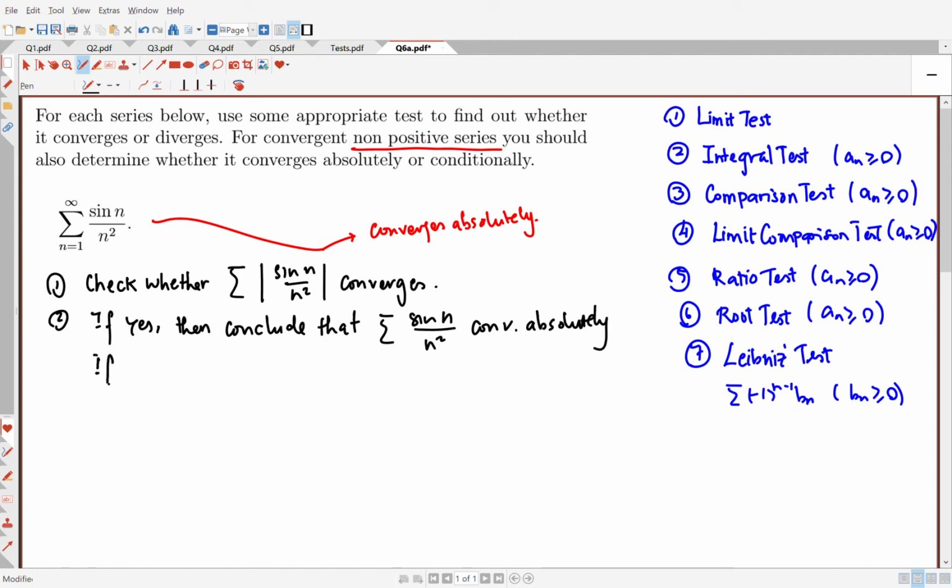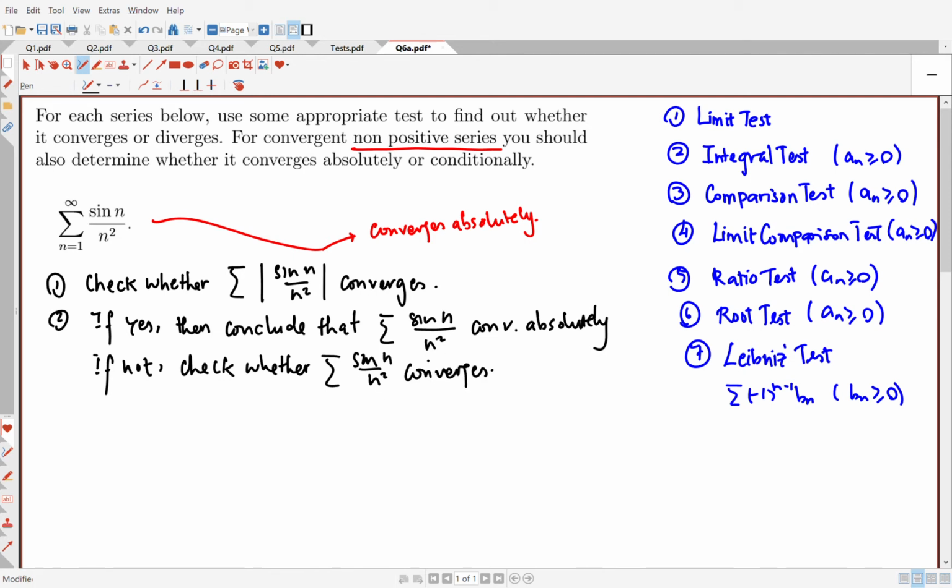If not, then check whether the sum of sine n over n square converges.